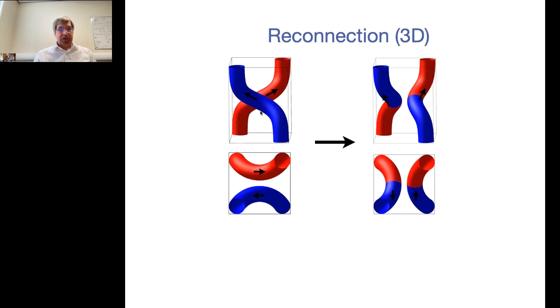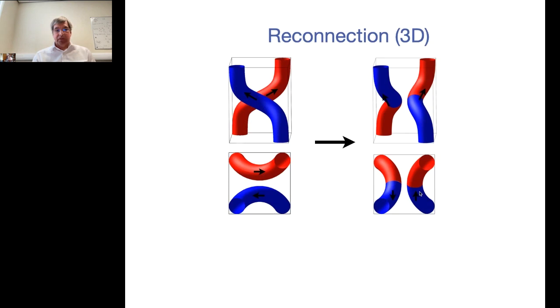That current dissipates, and in this process generates first a localized electric field, and then following from that also a localized magnetic field, which is superimposed on the field of the two flux tubes and changes the connection. I showed here in the second row also the view from above, where you see how two almost oppositely directed magnetic flux tubes change their connectivity.